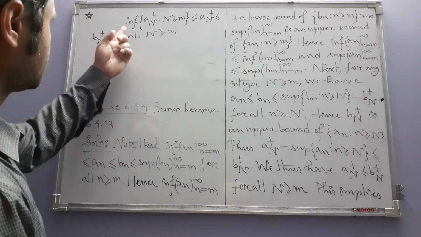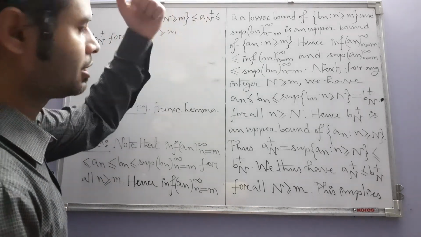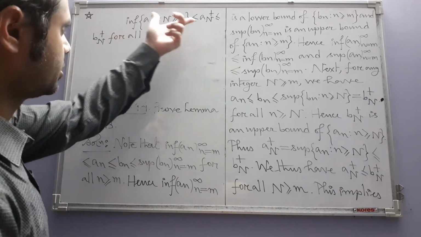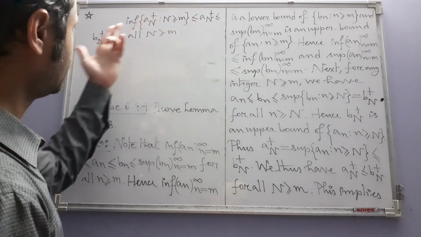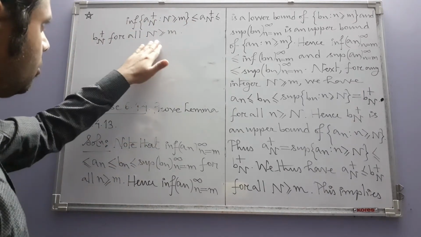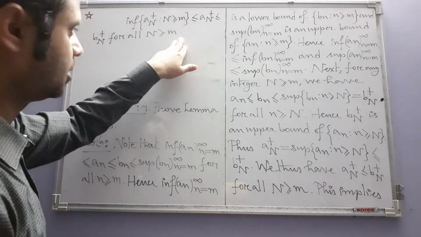This is easy to understand because this is the infimum of all the a_n classes, so it will be less than or equal to each one of them, and consequently this will be less than or equal to each b_n plus for all possible values of capital N.